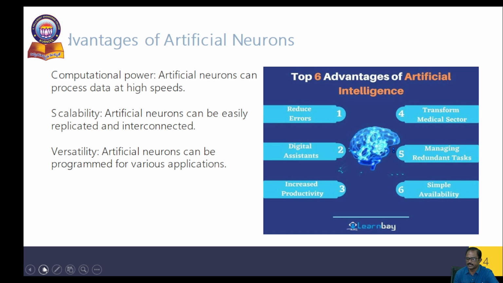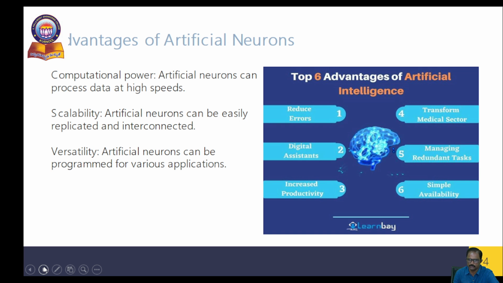Next, transform the medical sector. This is a very huge development in the medical sector. If you take brain scanning, it's very complex. It takes hundreds of pictures of the brain, right? After taking hundreds of pictures, it processes each image and identifies whether the brain has any tumors or not.